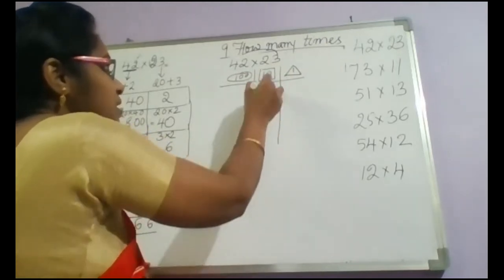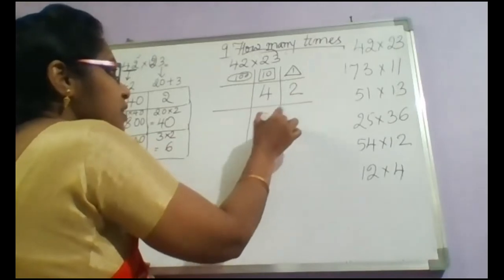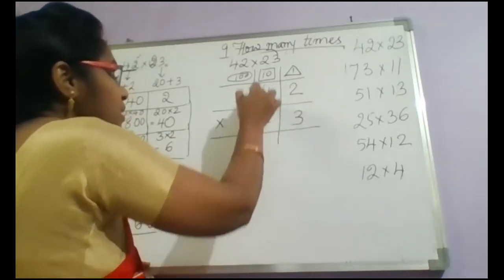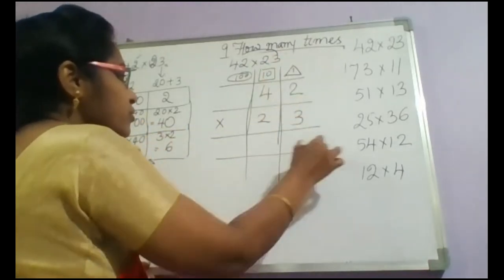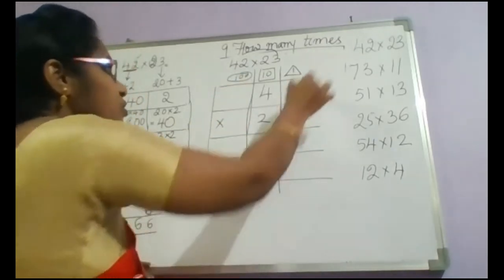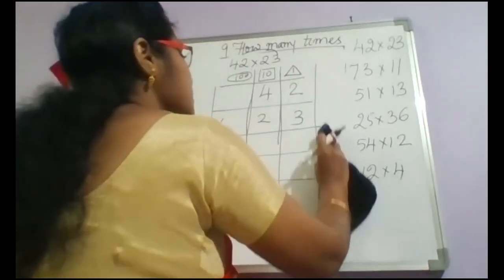First you place 42, then you place 23, and you multiply this. Then, because it is a 2-digit number, you will need 2 more rows, and you will still need another because you want to write the answer also. That I will draw once I complete this.